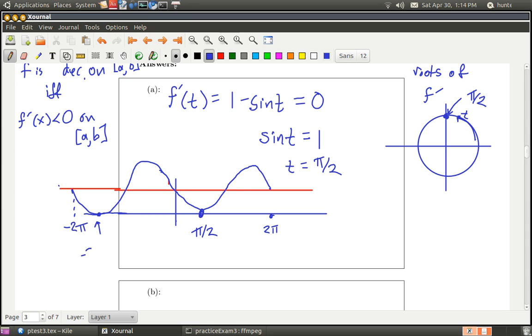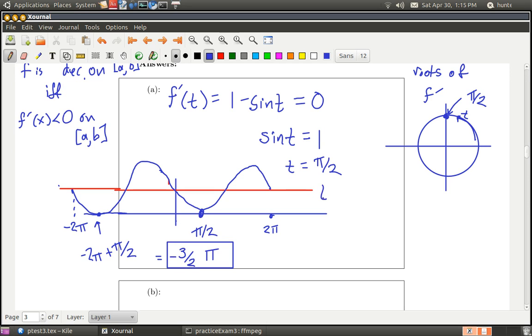So this point is going to be minus 2 pi plus pi over 2, and that turns out to be minus 3 pi over 2.